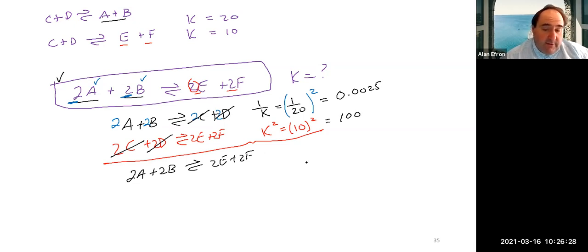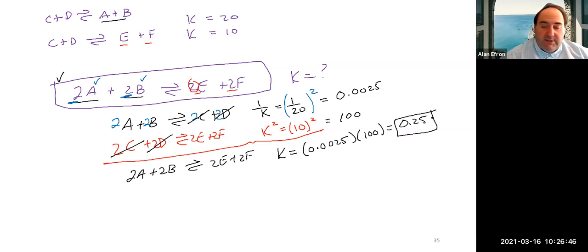Then for the K value for this reaction, we multiply those 2 together, not adding them, and that would get us 0.25. I guess I didn't do too bad in making up numbers here. Any questions on that manipulation?